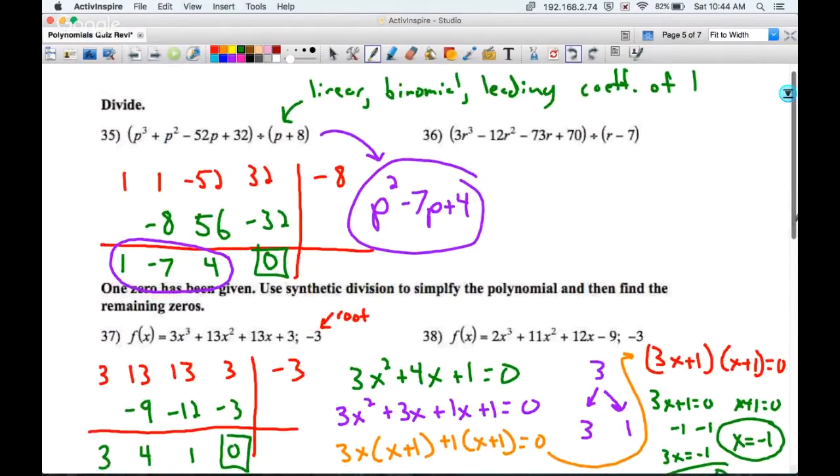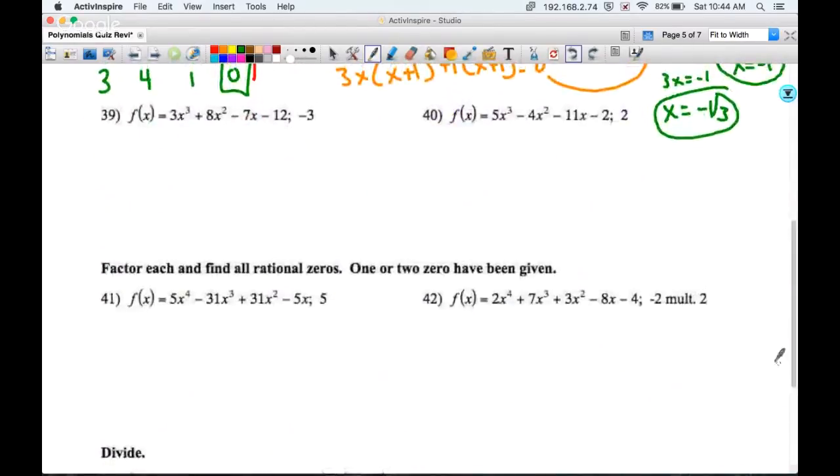All right, let's do another one of these. Number 40 looks like it could be kind of tricky. Probably another one that'll evolve into factoring by grouping. So here, let me try writing smaller this time too. 4, 5, negative 4, negative 11, negative 2.